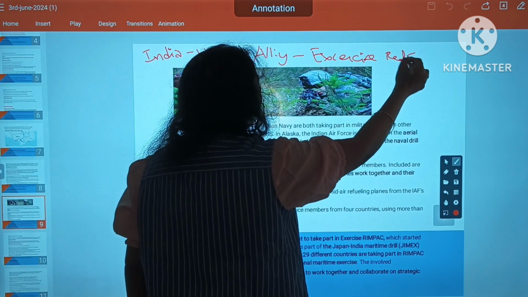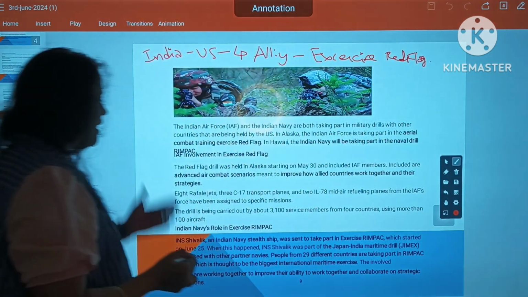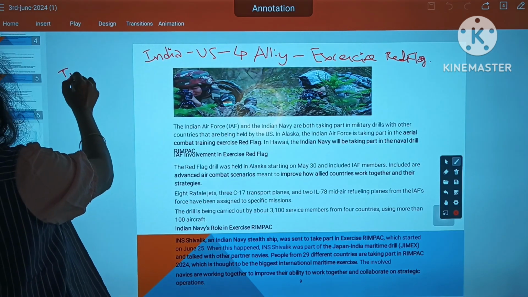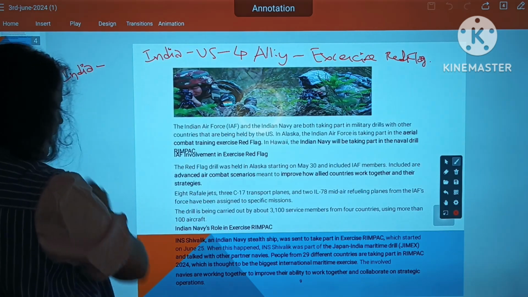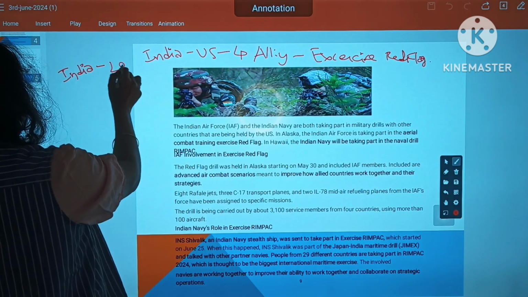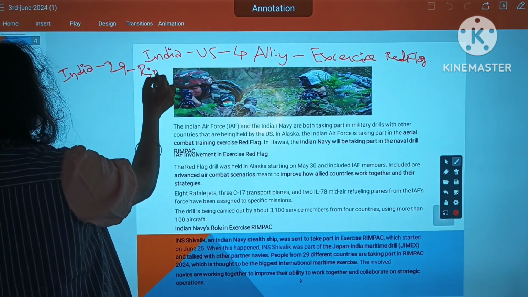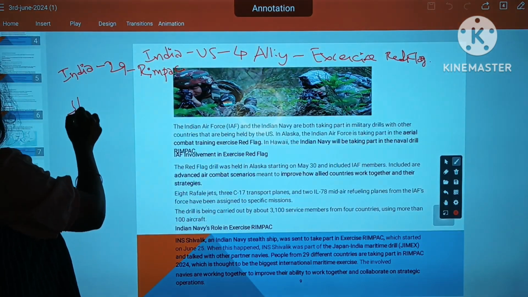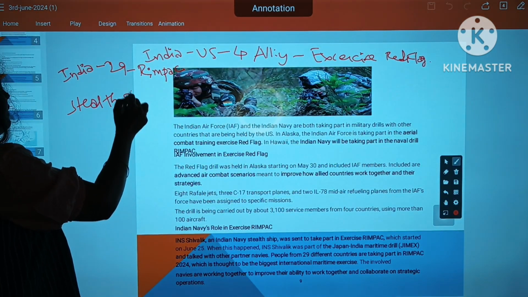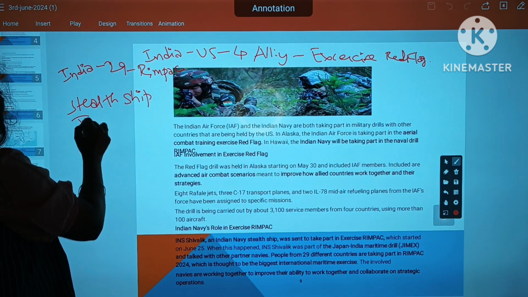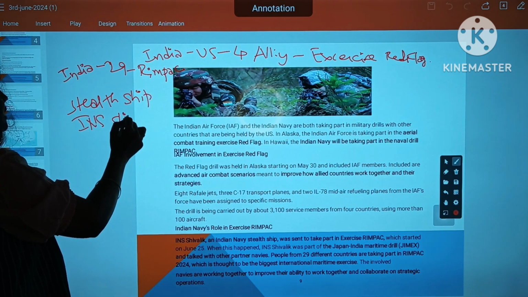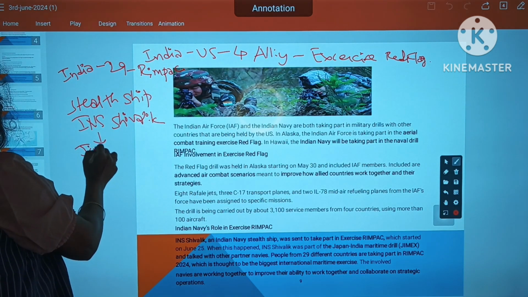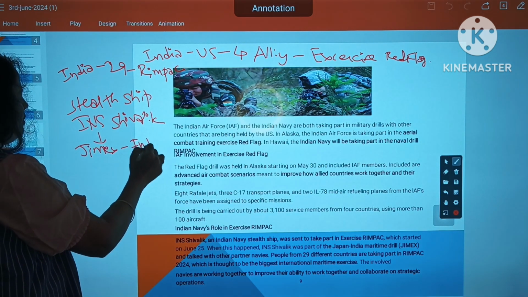And again, India is joining 29 other countries in Exercise RIMPAC. So here you have to see the importance of the stealth ship of India, INS Shivalik. This was first used in Exercise JIMEX between India and Japan.